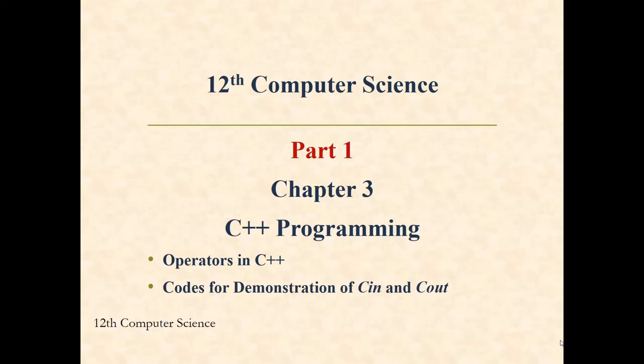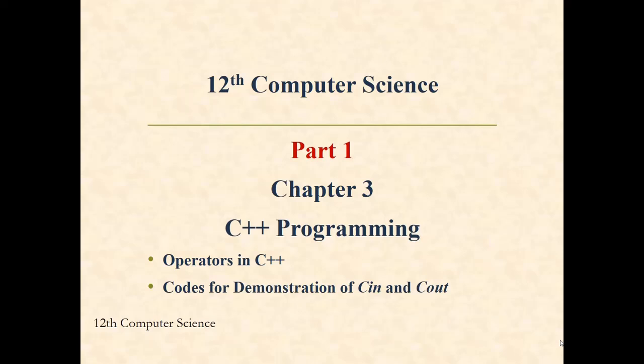In the last lecture we started with Part 1, Chapter 3, C++ programming. In C++ programming we have to discuss object-oriented programming using C++, and in the last lecture we discussed the basics of object-oriented programming and the difference between procedural programming and object-oriented programming.